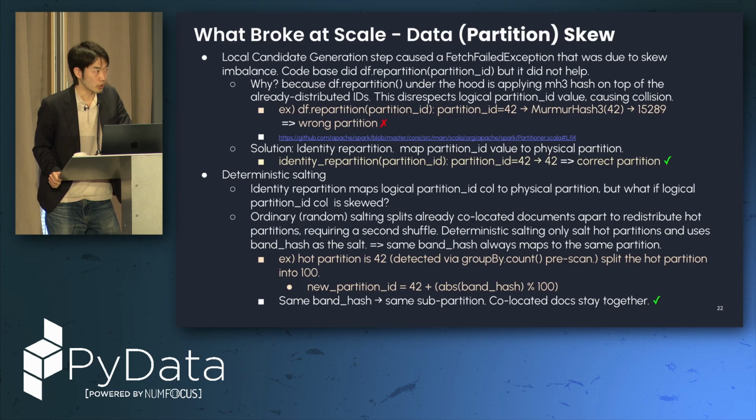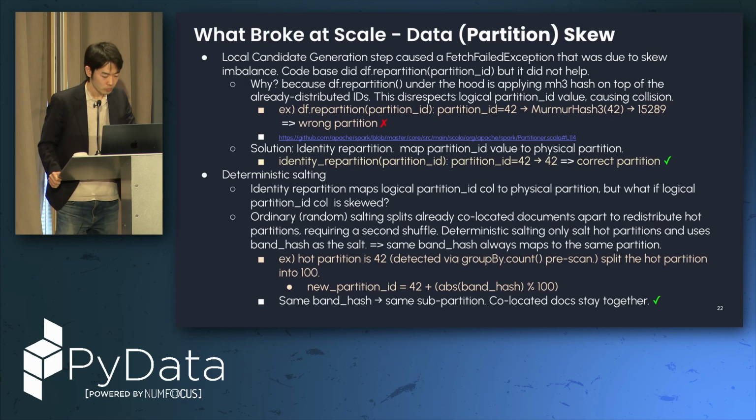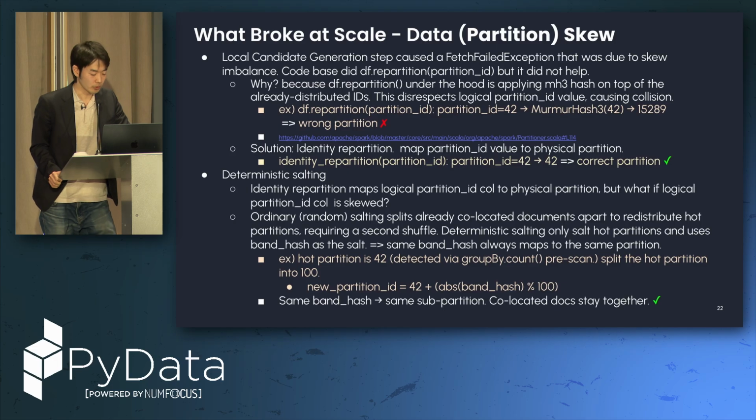However, at internet web scale, there are a few hot partition IDs generated from MH3. So that's the problem, and we cannot use ordinary sorting, which is doing random sorting, because random sorting is gonna split already collocated documents apart. So that's gonna require a second shuffling to collocate the documents again.